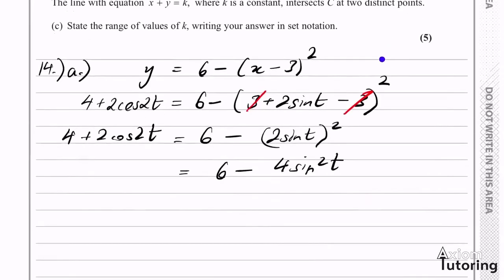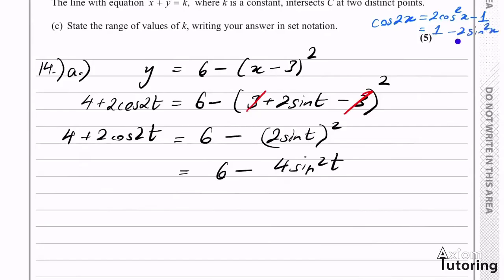We know that cos 2x can be expressed as follows: 2 cos squared x minus 1. But another common way to express it is 1 minus 2 sine squared x.